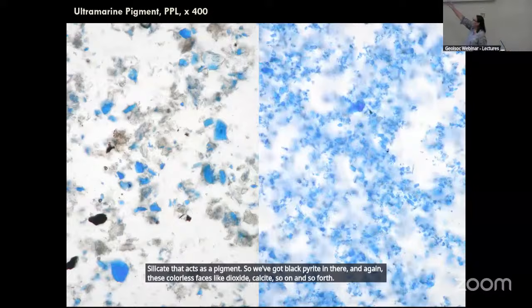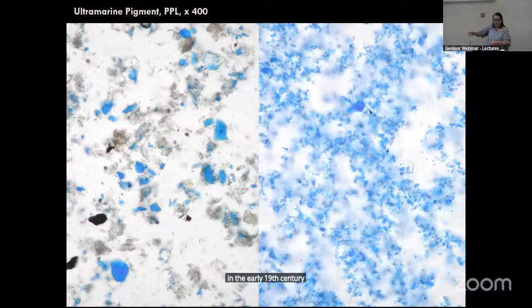This is synthetic ultramarine, which was first synthesized in France in the early 19th century. Absolutely structurally, chemically analogous to mineral lazurite, but much cheaper, and also much, much finer grained.